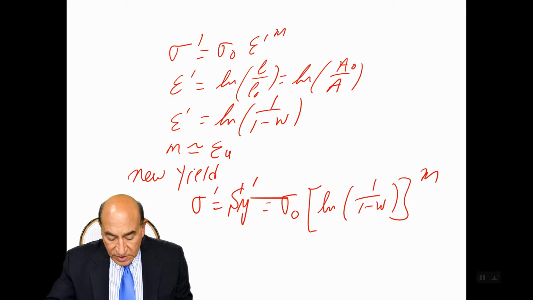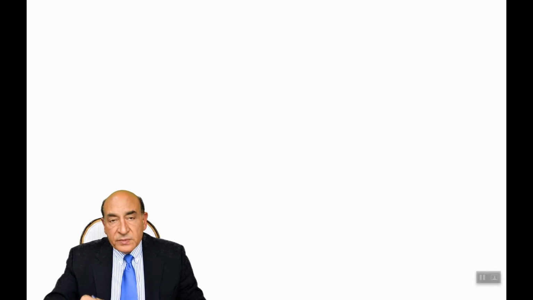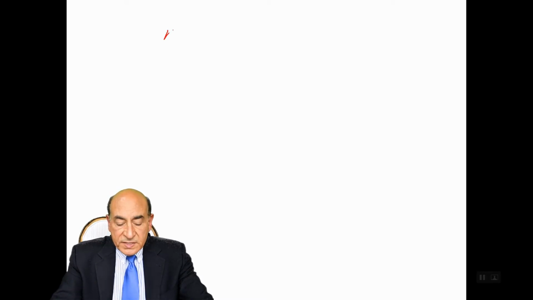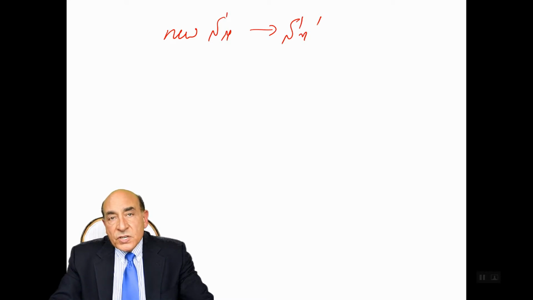Now I'm going to direct my attention to the next question, which is how do we compute the new ultimate strength, new S ultimate, which we call S ultimate prime. So the idea here is that at the ultimate point, the ultimate load does not change, whether we are using engineering stress strain or the true stress strain, it is the same.